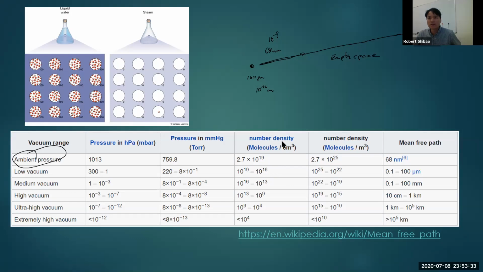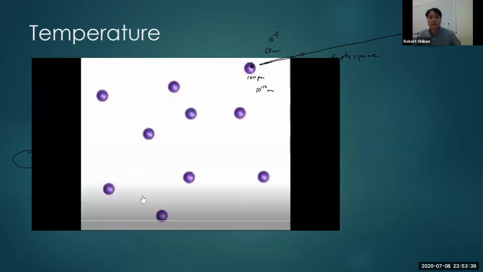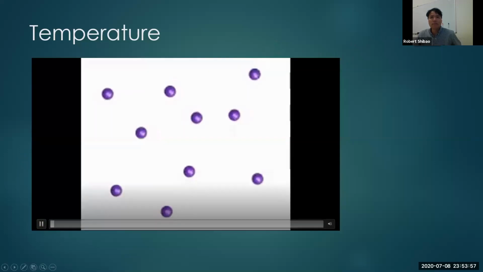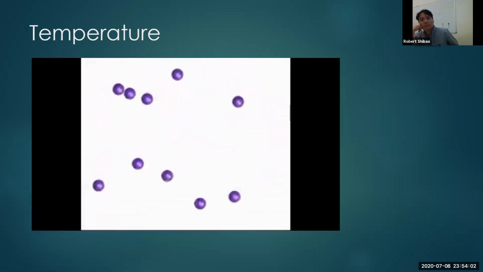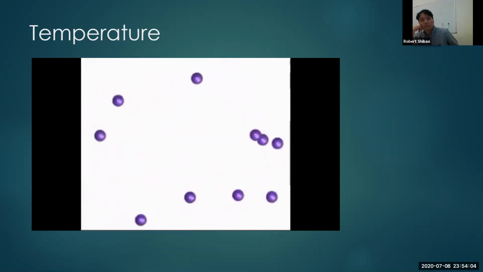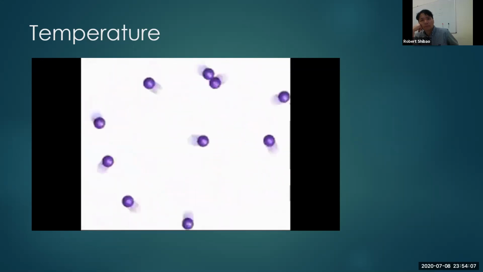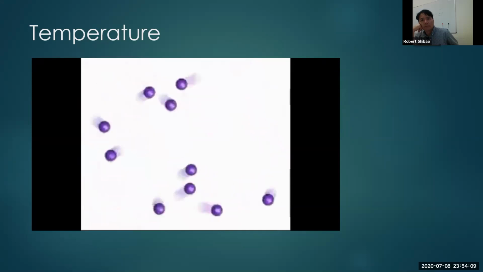This is number density, how many molecules per cubic centimeter, pressure, etc. Temperature, in terms of kinetic molecular theory, is related to motion. The higher the temperature, the more motion we see. So let's take a look. What's this illustrating here? If the temperature of a constant volume of gas is increased, the molecules of the gas move faster, and each collision exerts a greater force on the walls of the container.